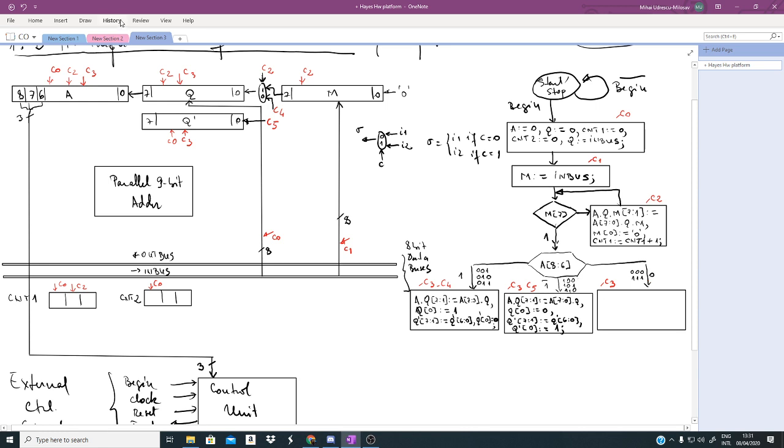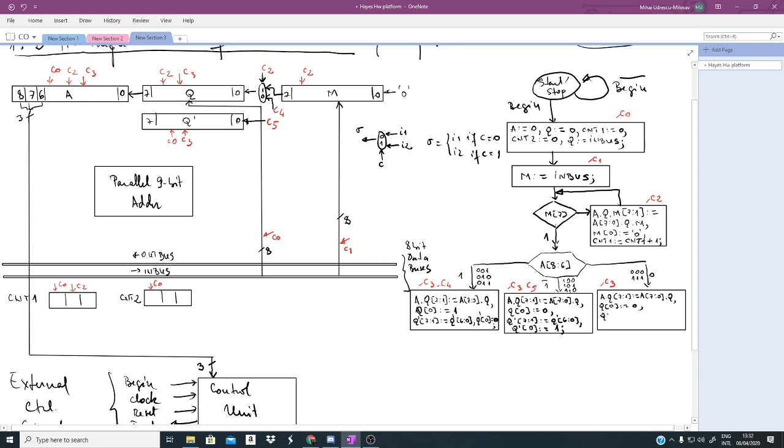Here in this state, I'll do A concatenated with Q from 7 to 1. I put what was before in A of 7 to 0 concatenated with Q, and then in Q of 0 I take 0.